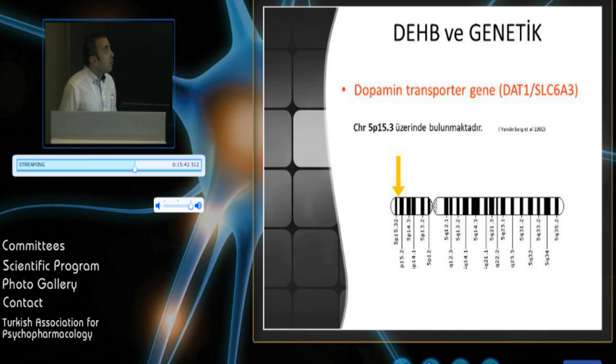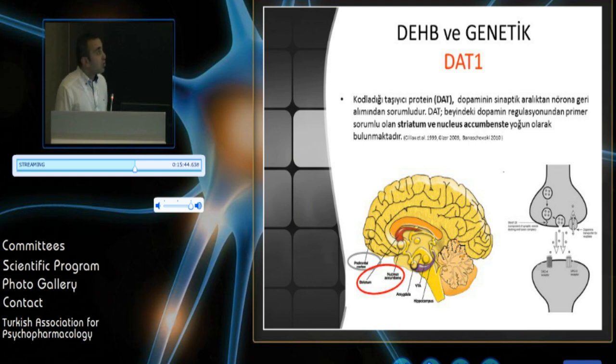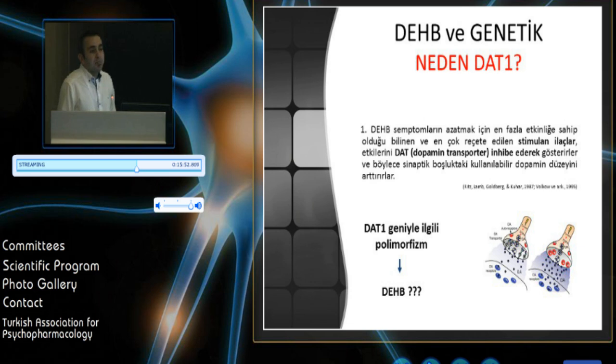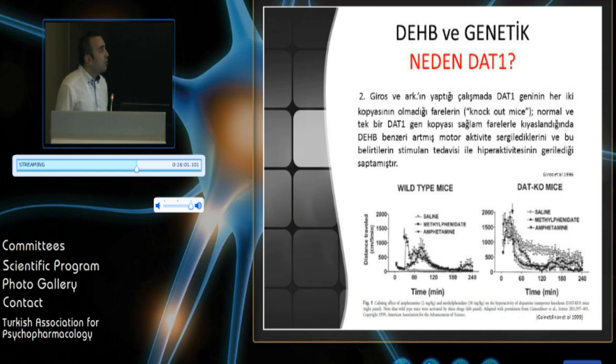Dopamine transporter gene is the other important gene. It is on the 5th chromosome, and it is responsible for the reuptake of dopamine. Why DAT1? The first reason is that one of the action mechanisms of drugs is that they inhibit dopamine transfer.